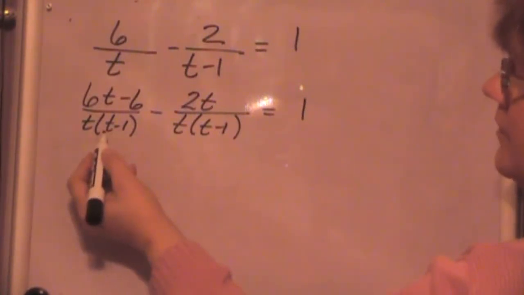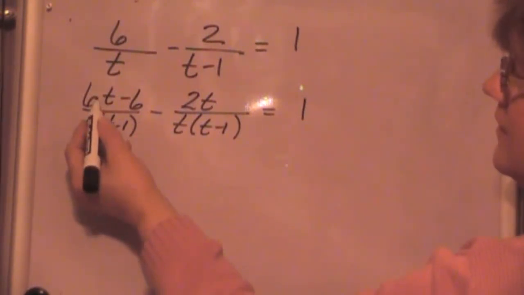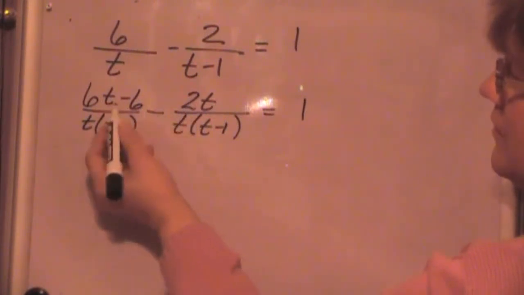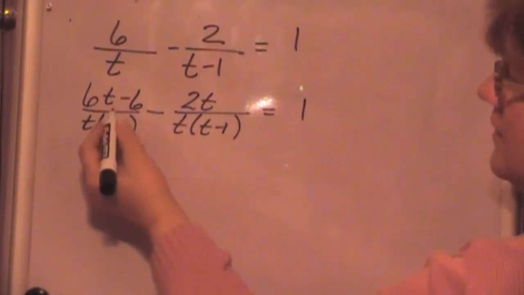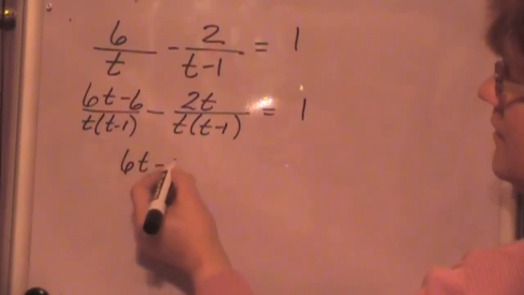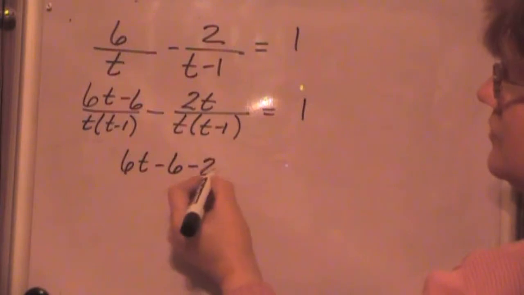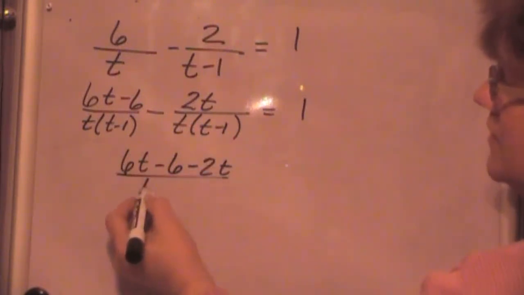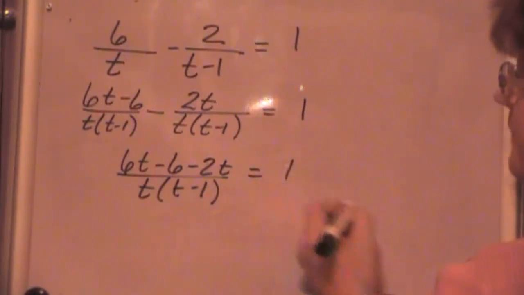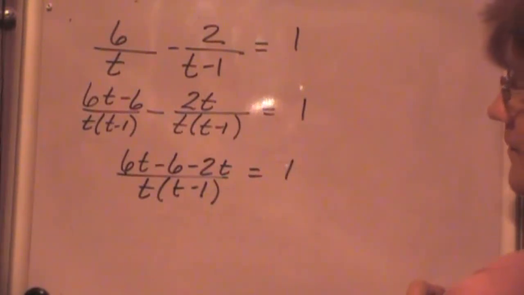So now I just have to simplify. This minus this is equal to 1. So if I take 6t minus 6 minus 2t all over t times t minus 1, this is equal to 1.